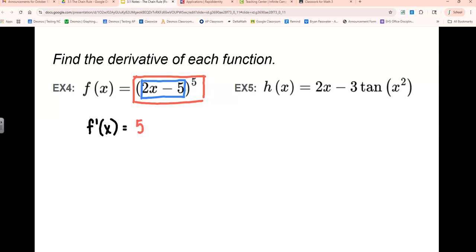So we got 5 times stuff raised to the 4th power. And that stuff, the 2x minus 5, just stays the same right there. Don't do anything with it. And then we must multiply by the derivative of the 2x minus 5. What is the derivative of 2x minus 5? Just 2.